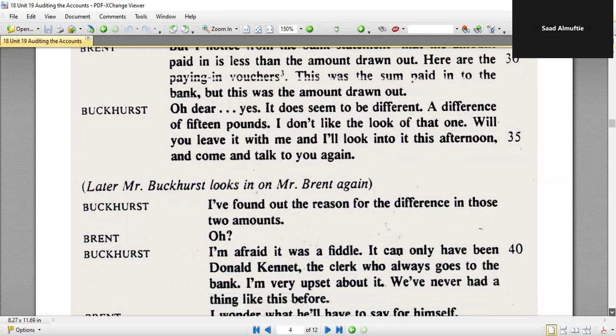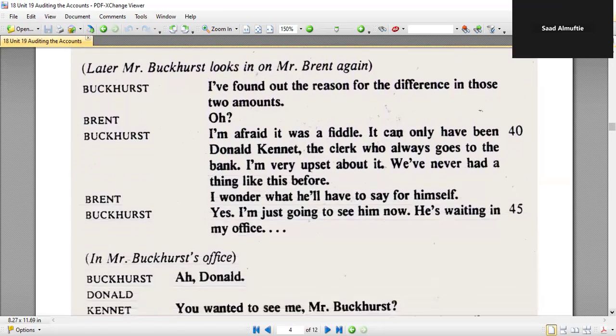I've found out the reason for the difference in those 2 amounts. Oh? I'm afraid it was a fiddle. It can only have been Donald Kennett, the clerk who always goes to the bank. I'm very upset about it. We've never had a thing like this before. I wonder what he'll have to say for himself. Yes, I'm just going to see him now. He's waiting in my office.